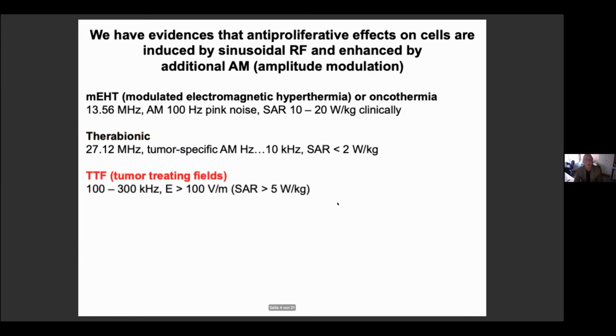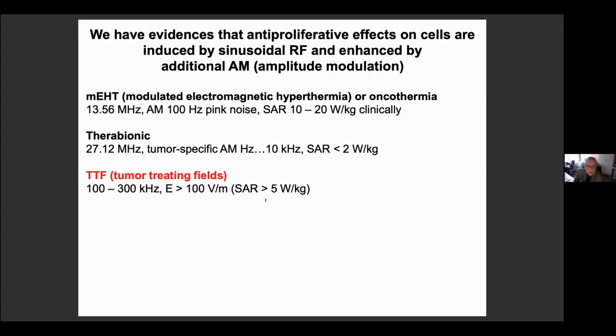And there is a third interesting technique. This is the tumor treating field technique, which has already been validated by a clinical study. This works at a frequency of some 100 kilohertz, but the SAR again is quite low, in the range of 5 to 10 watt per kilogram.